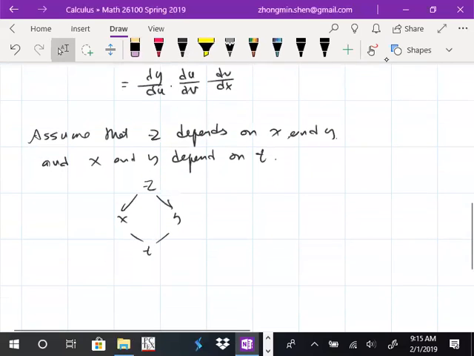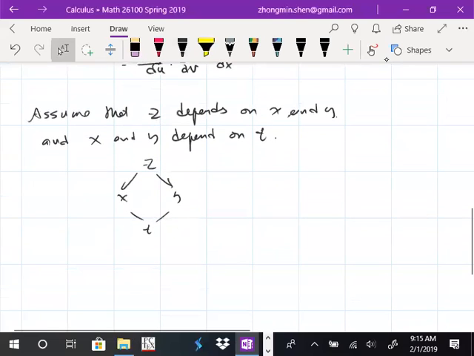In this case, we can find the derivative of z with respect to t, the rate of change, using the following chain rule. Because you insert two variables, what I'm going to do is take the partial derivative of z with respect to x.